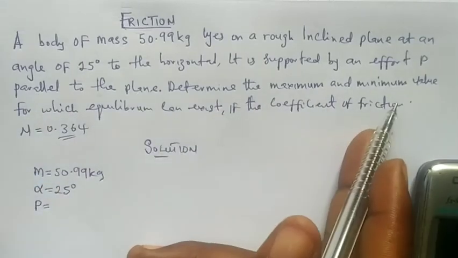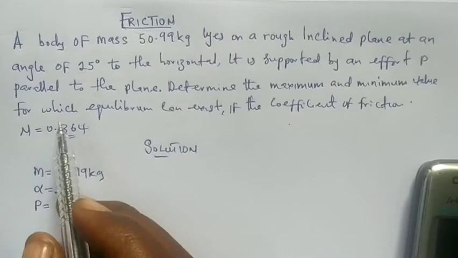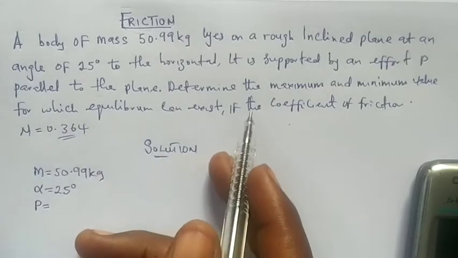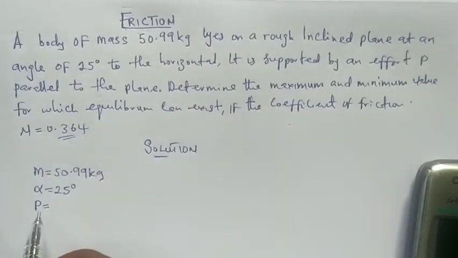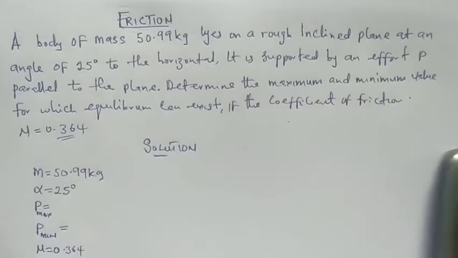Determine the maximum and minimum value for which equilibrium can exist. So we look for P maximum, and we're also going to look for P minimum. Two of them. And we know our coefficient of friction is given as 0.364. So let's move and see.